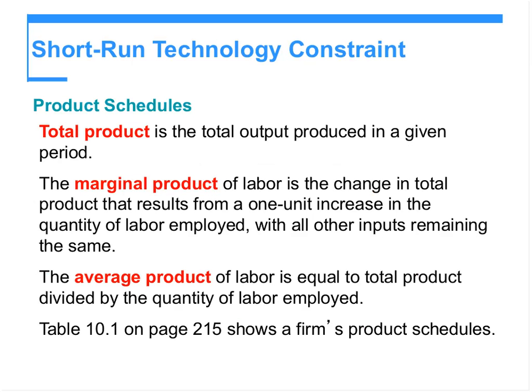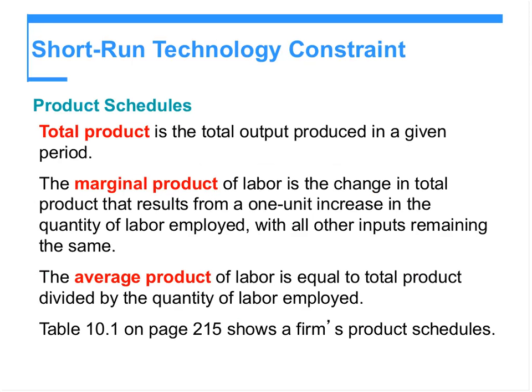The marginal product of labor is the change in total product that results from a 1 unit increase in the quantity of labor employed, with all other inputs remaining the same. So if you want to see the marginal product of labor, you will see exactly what has been increased in product as a result of employing one more, new labor.